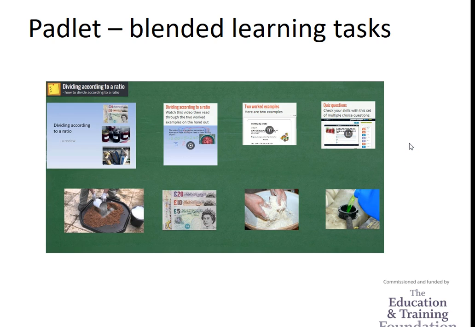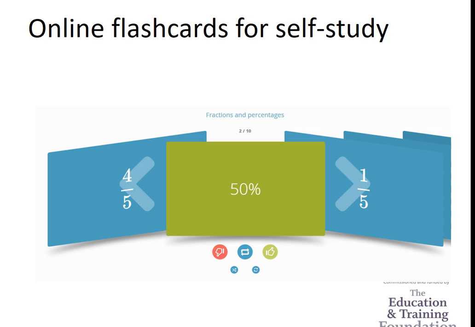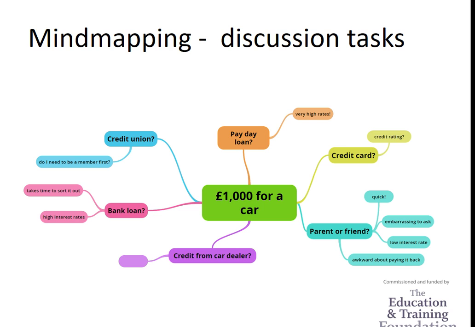So we show people some very simple but quick ways in which they can create digital resources like flashcards, for self-study with fractions and percentages, mind mapping tools if they're working through a functional maths topic. Mind mapping can be an interesting way in which learners can organise their problem-solving thinking or capture ideas in a discussion.